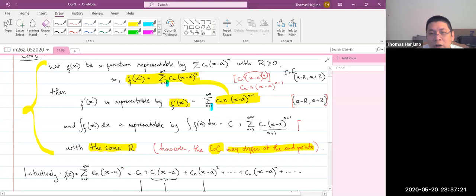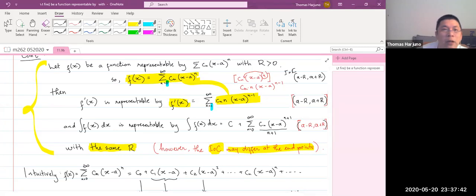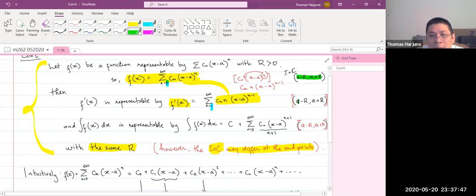Likewise, when you integrate, it is possible that the endpoints change, becoming closed or becoming open. But the radius of convergence will be the same. The center will be the same. Basically, everything inside will be the same. It's just different at the endpoints.